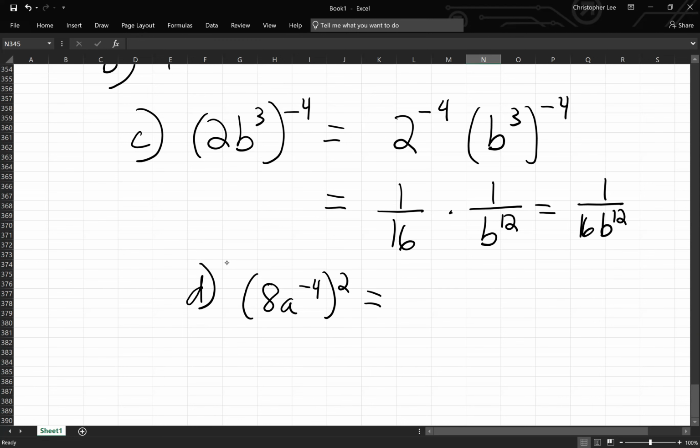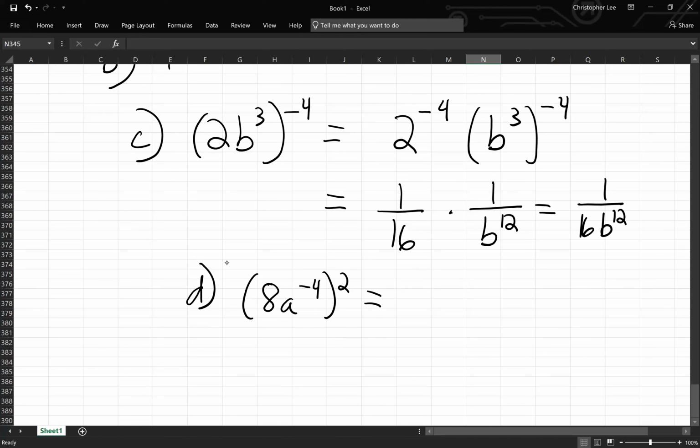Because whenever you raise a power to a power, you multiply the numbers. Negative 12, right? And then what do I do with the negative exponent? Right, you put it into the denominator and make the power positive. So that's how we get 1 over b to the 12.